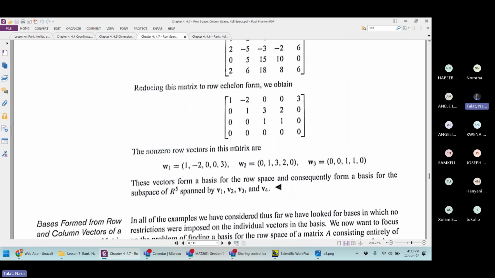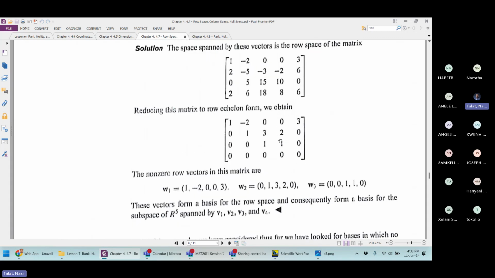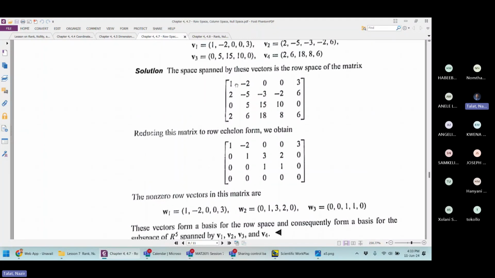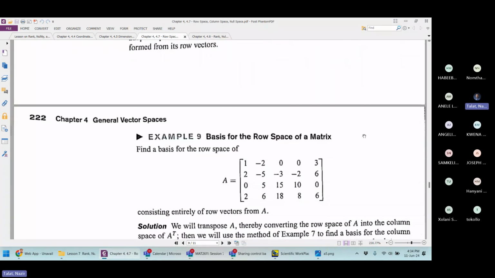If the rank is 3, then the vector space generated by these five vectors has a basis of three vectors. Either you can write these three, or you can write those three rows which are non-zero. They are still a basis.